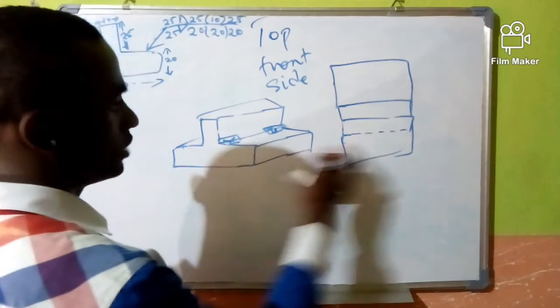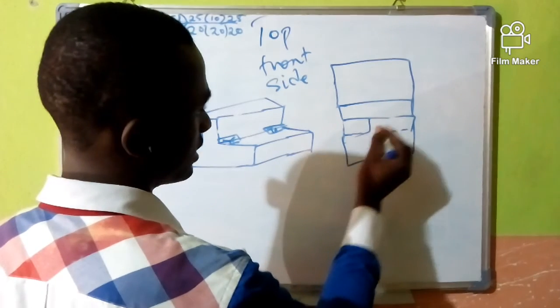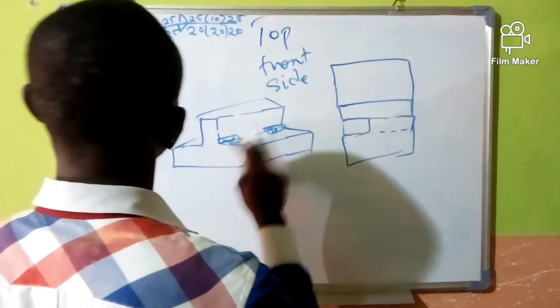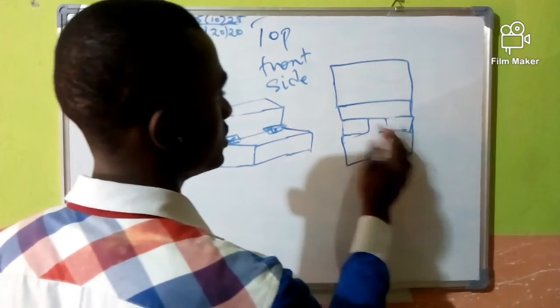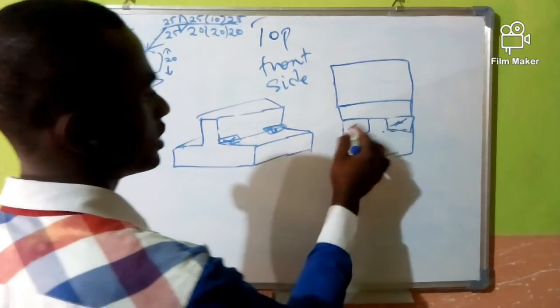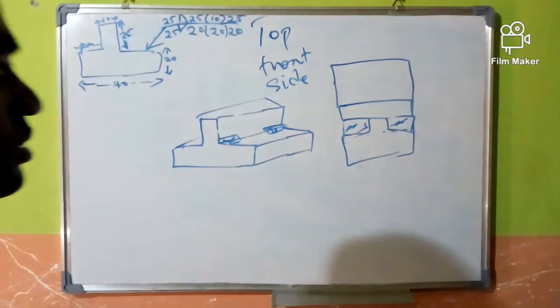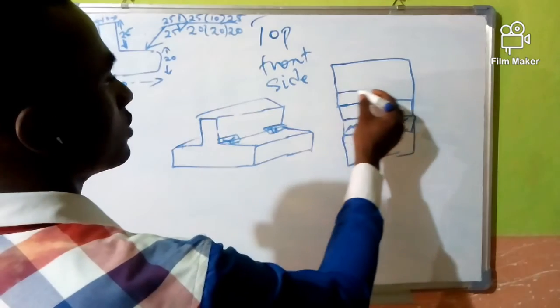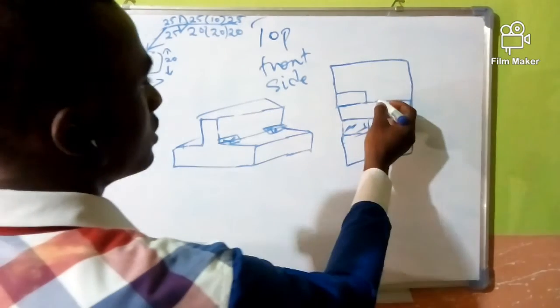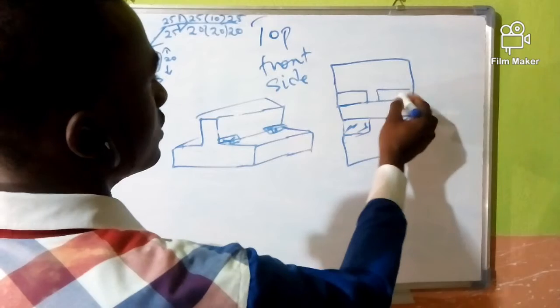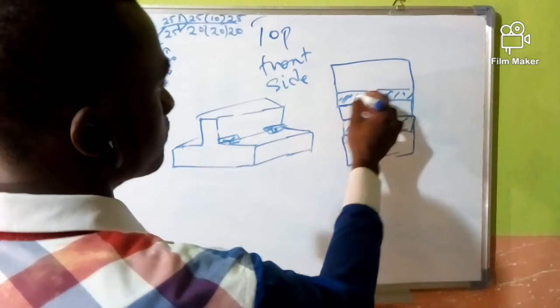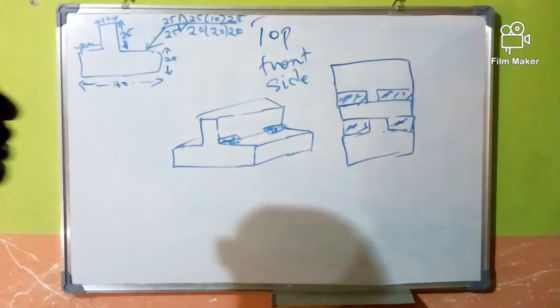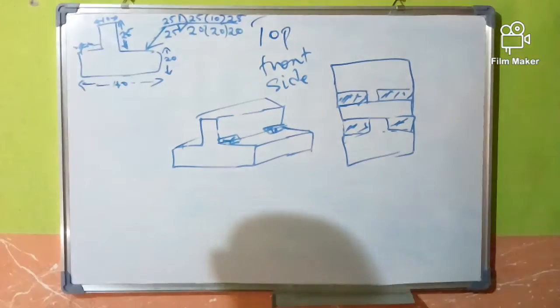So we have this 25, then 20, 20, 20, then those are the welded parts. Then on this other side we have 25, and we have 10, which is this. We have 25, so this is the welded part. So this is what you get as the top view.